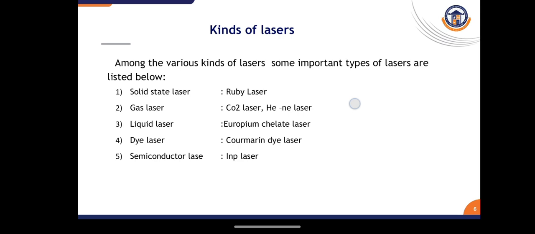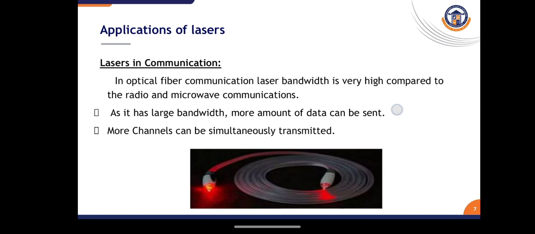So what are the applications of these lasers? Laser can find a role in communication. How does it work in communication? In optical fiber communication, laser bandwidth is very high compared to radio communication or microwave communication.